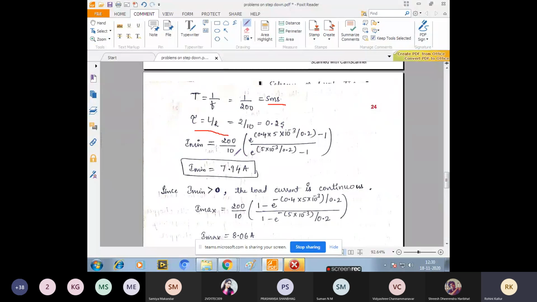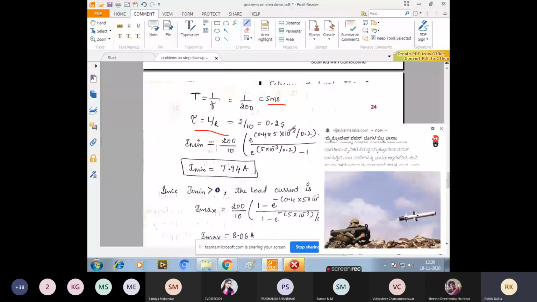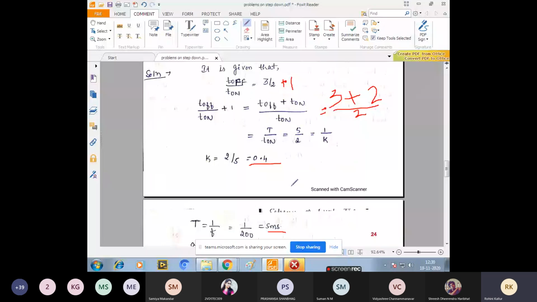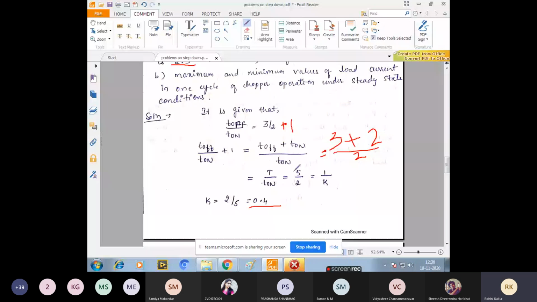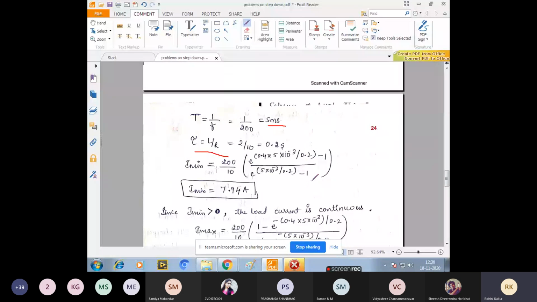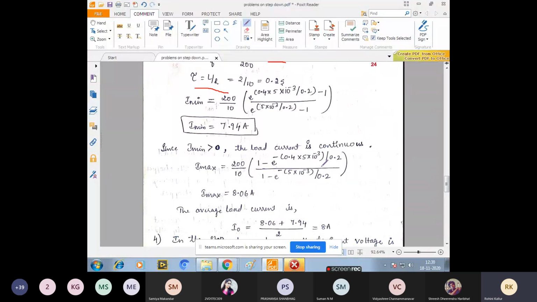So it will be Vs divided by R into e to the power 0.4. 0.4 is K. Then multiply that with 5, which is the total time period T. Okay, 5 into 10 to the power of minus 3, that is 5 milliseconds, whole divided by tau. Okay, so 1 minus e to the power minus of T divided by tau. If I simplify this, the value is equal to 8.06 amperes.